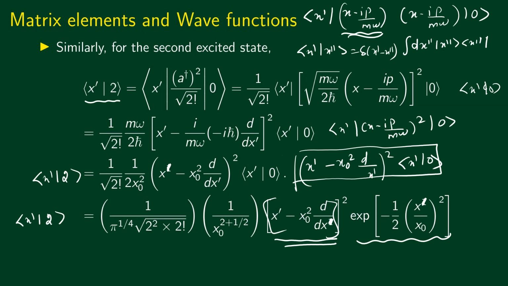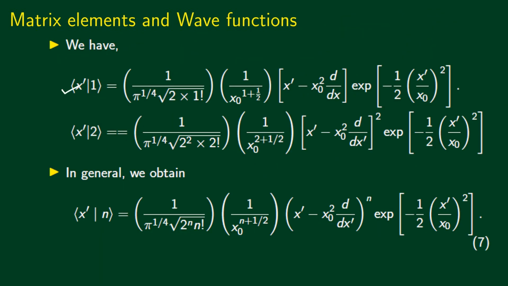Okay. We have found the position space wave functions representing the first excited state and the second excited state. Looking at this, we can write down a general expression for the position space wave function representing the nth excited state. It's easy to do. Let's look at the first term in the wave function representing the first excited state. The term in the first bracket here is 1 divided by pi raised to 1 by 4 square root of 2 multiplying 1 factorial. We can write this as square root of 2 raised to 1 multiplying 1 factorial.